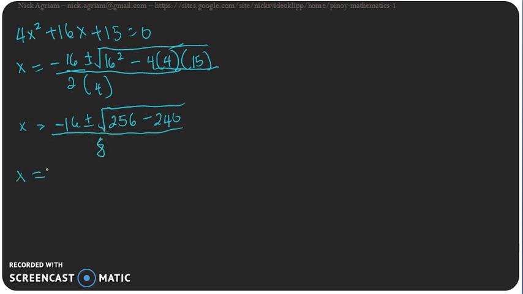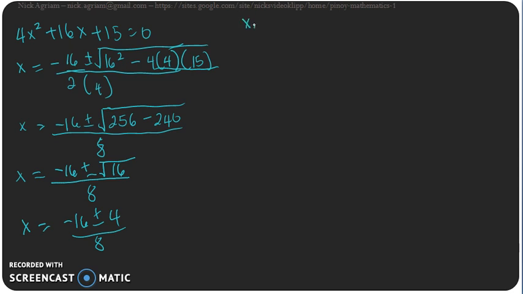Then our x is negative 16 plus minus the square root of 16 divided by 8. And we have x is equal to negative 16 plus minus 4 divided by 8.